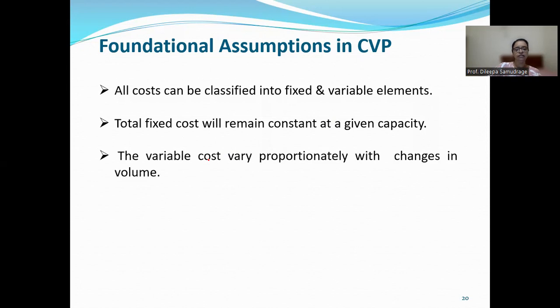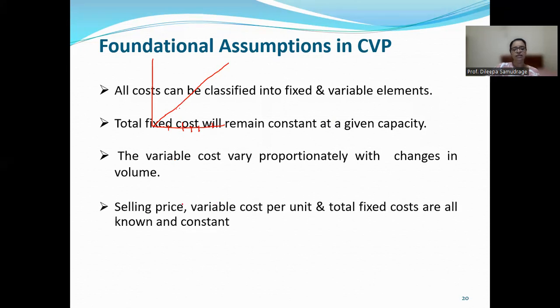Then variable costs vary proportionately with changes in volume. That is okay. We know the behavior of variable cost: variable cost varies with the level of activity, production or sales. Then selling price, variable cost per unit, and fixed costs are all known and constant.